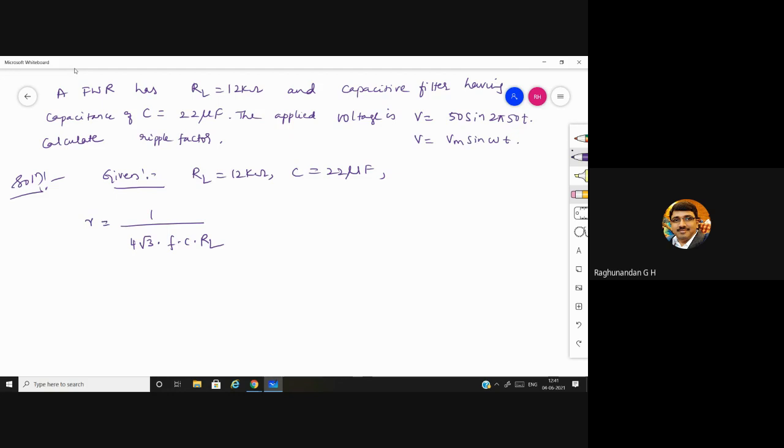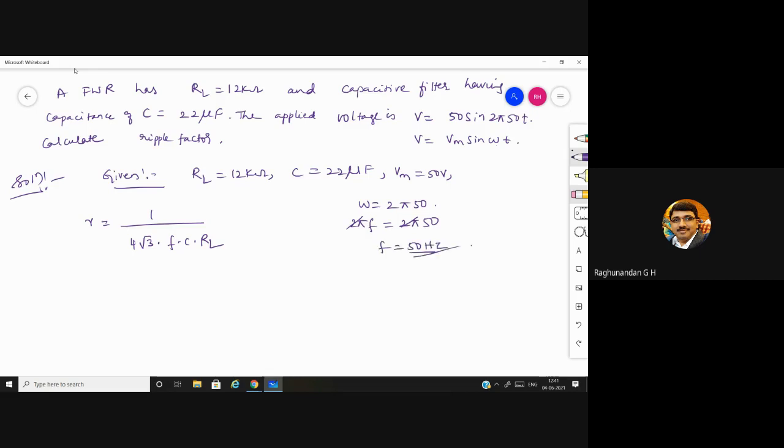From this we have Vm is equal to 50 volt, and in the place of omega you have 2 pi 50. What is the omega formula? 2 pi f. So 2 pi into 50, 2 pi will get cancelled. f is equal to 50 hertz.